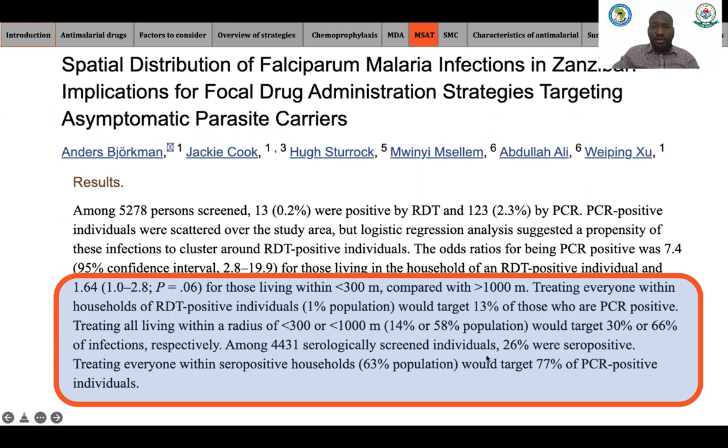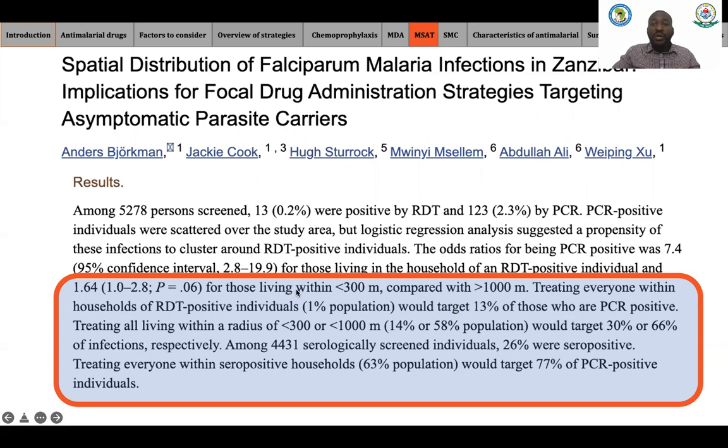The reason I wanted to show you this study is because they looked at people who were positive in their homes, and then they did a perimeter survey to see how far and wide they could still find positive people. In this context, they found that the odds ratio of being PCR positive was 7.4 for those people who live in the household of someone who's positive.